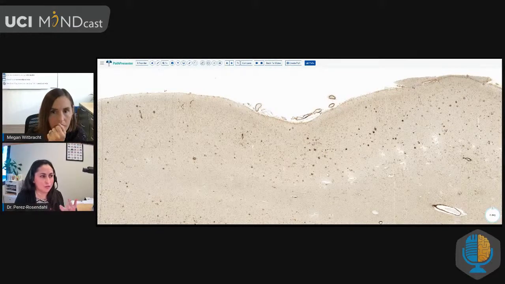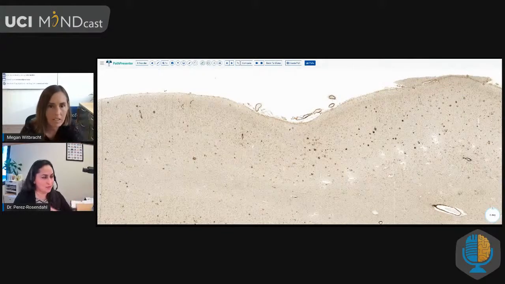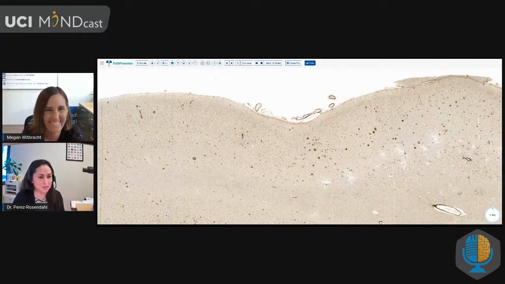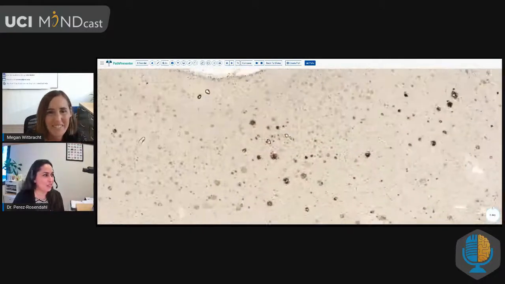We do a stain for beta amyloid. So the two hallmarks that you're looking for are amyloid plaques and then tau tangles. So amyloid is actually going to be found in two places, and on this stain, it's going to appear brown. And I know you're probably looking at this and saying, I see all kinds of brown, but let me show you which brown your eyes should be looking for.